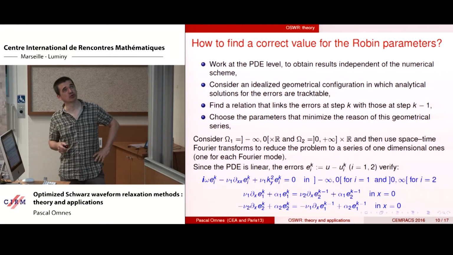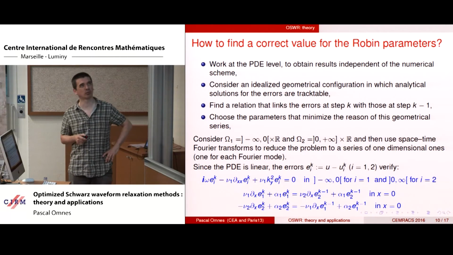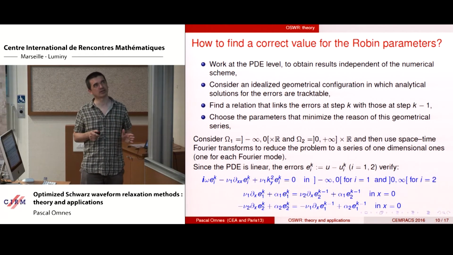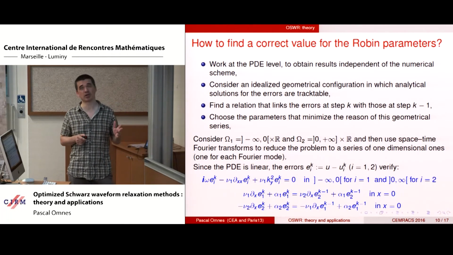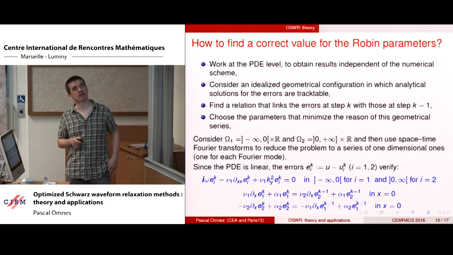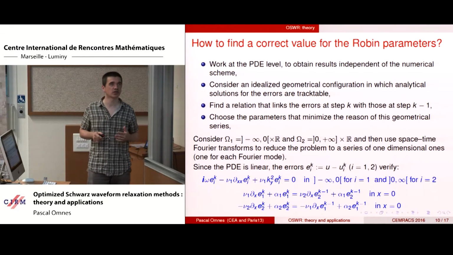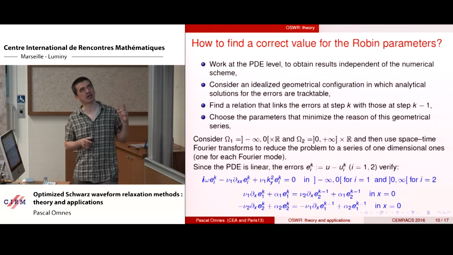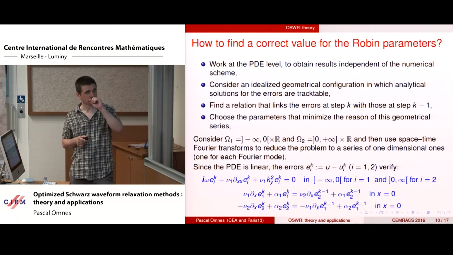And then you use a space-time Fourier transform in this y direction and in the time direction on your PDE, so that in the end, for each Fourier mode, you obtain a problem that is only one-dimensional in the x direction.